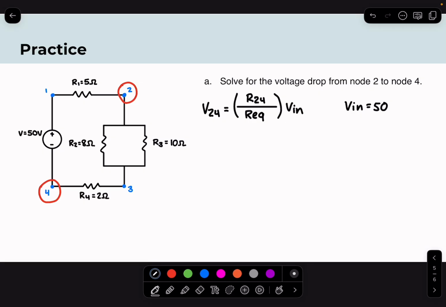Let's start by solving for R equivalent. So for resistors in parallel, equivalent resistance looks like this.